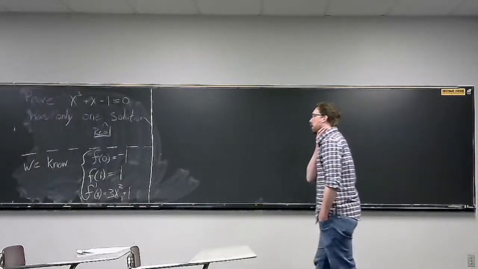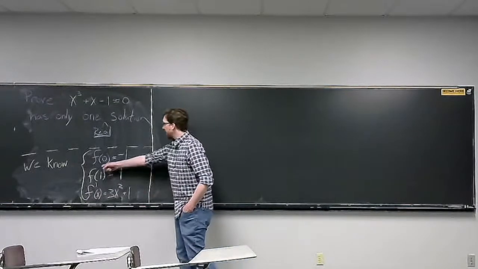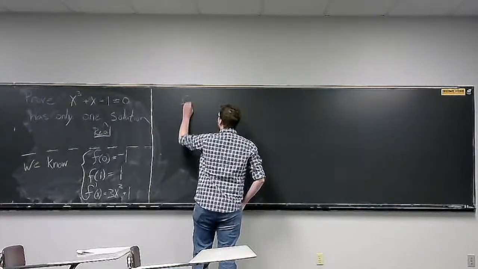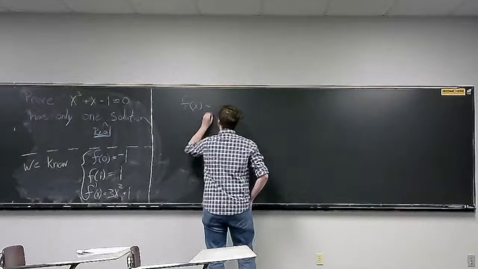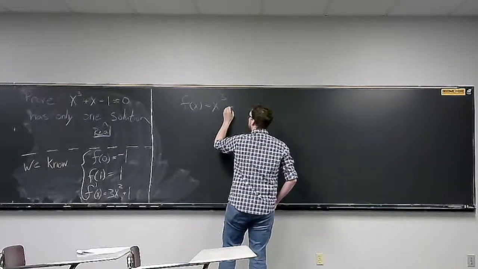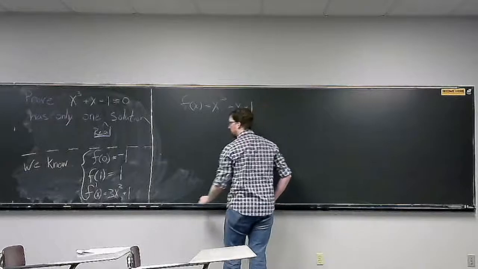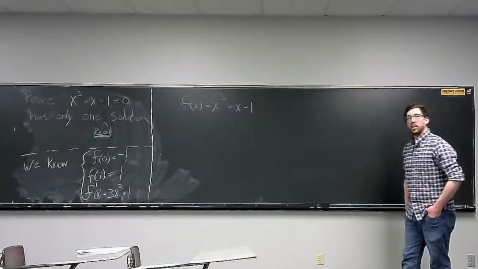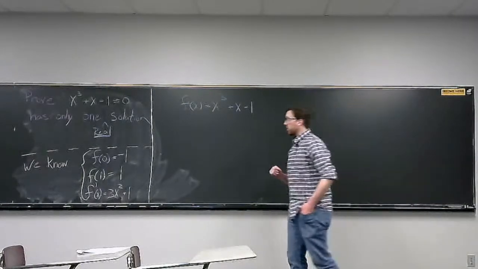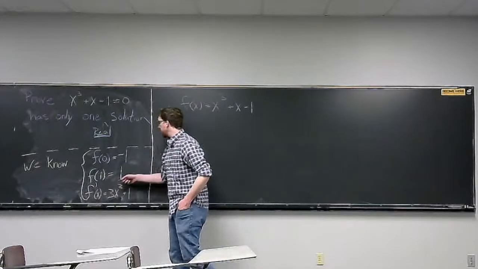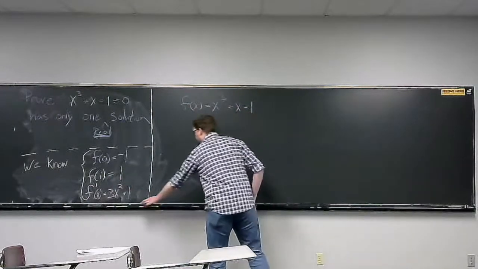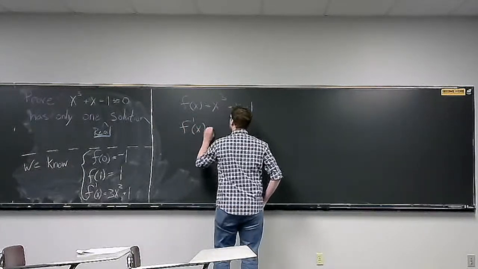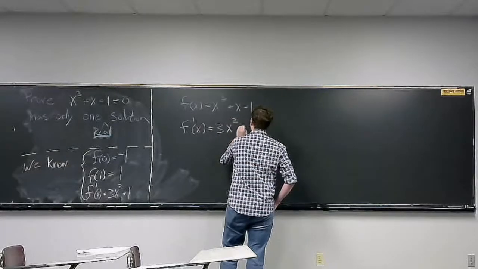Well, if we consider f of x to be equal to x cubed plus x minus 1, then this function at 0 is equal to negative 1. At 1, this function is equal to 1, and the derivative of this function is equal to 3x squared plus 1.